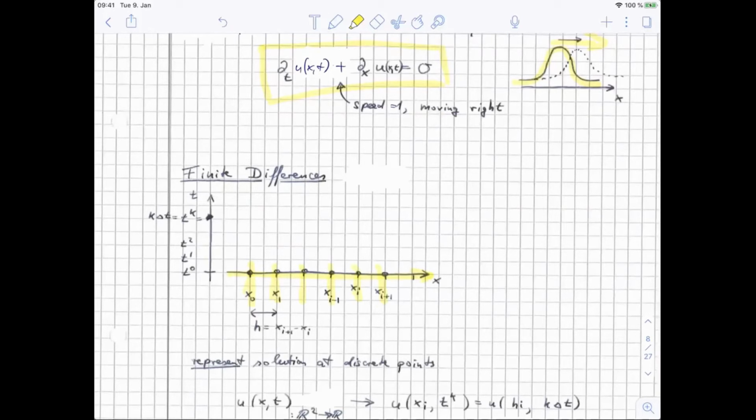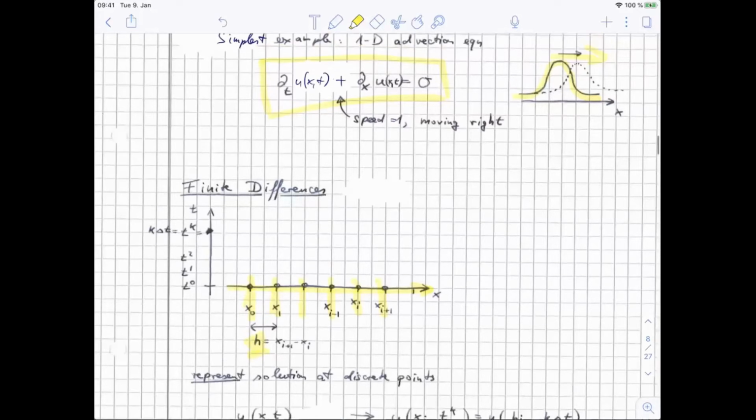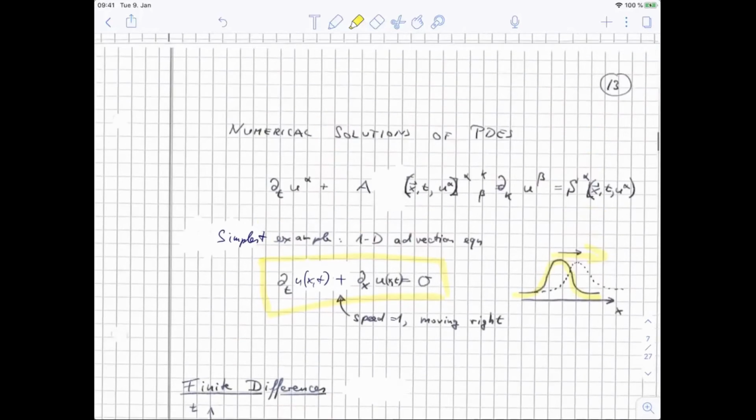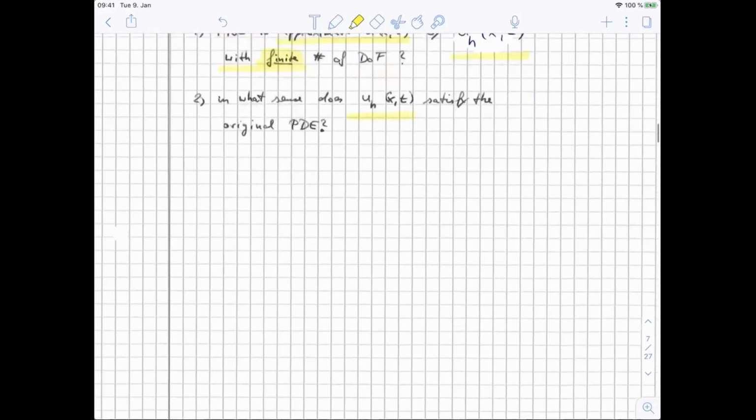So you have a finite number of x's, x_0 to x_N, however many you have. And they have a grid spacing h, which is the difference between neighboring grid points. By the way, it's the convention that h is used as the grid spacing that also comes up in the name for the discretized solution u_h I had on my previous slide.